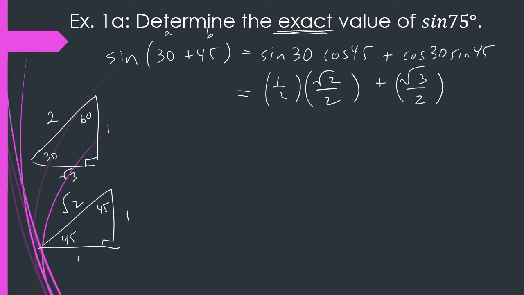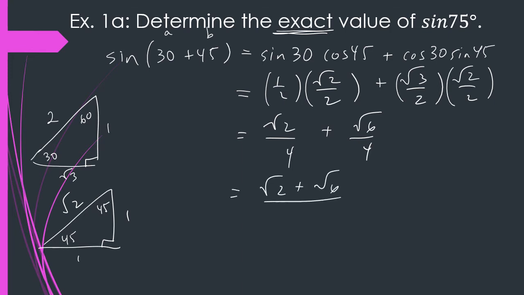And sine 45, opposite over hypotenuse in the 45-degree triangle, 1 over root 2, which is root 2 over 2. Now you just got to multiply: root 2 over 4 plus root 6 over 4. And that gives us root 2 plus root 6 all over a common denominator of 4. That is your exact solution.